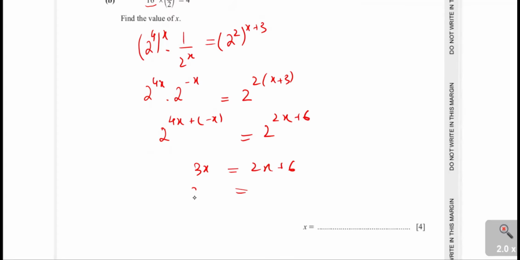And we can write 3x minus 2x equal to 6. This will be equal to x equal to 6. And this is the answer.